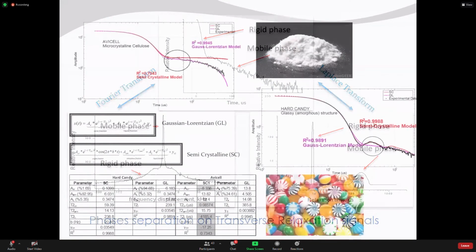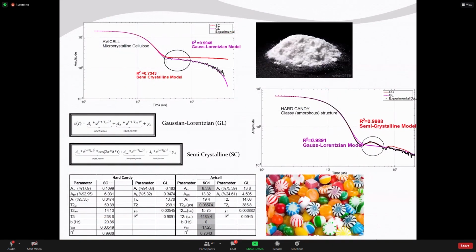Well, why is this important? Let us discuss this. Especially in terms of candies, we consider a hard candy. A hard candy is a glassy substance because it is obtained by rapid cooling of the hot sugar melt. So it is amorphous, which is equivalent to a glassy state.